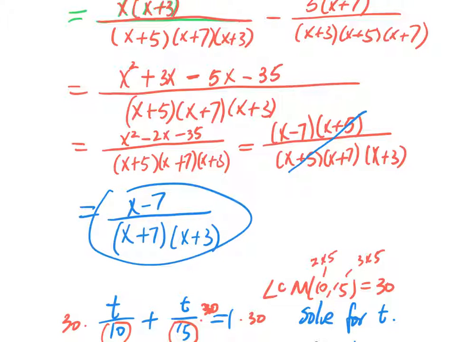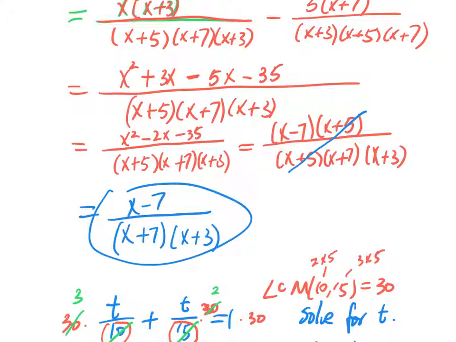And then let's just cancel. So 10 and 30 cancel, 15 and 30 cancel. So we have 3t plus 2t equals 30, which is 5t equals 30. And then, as you can see, we get t by itself if we divide by 5 on both sides.